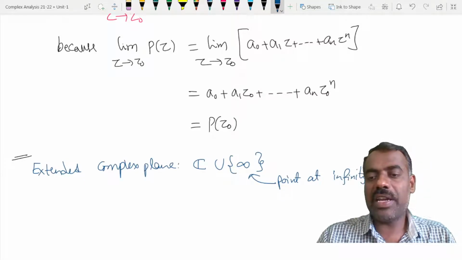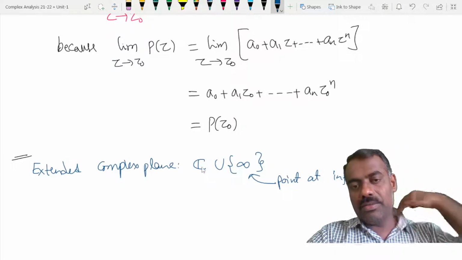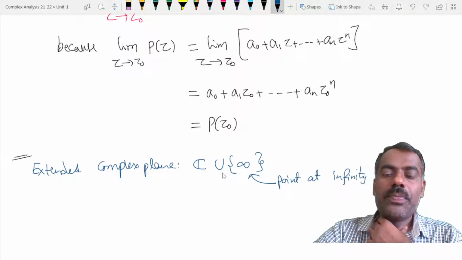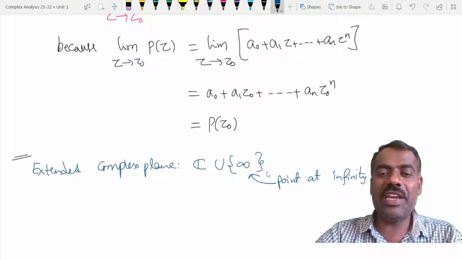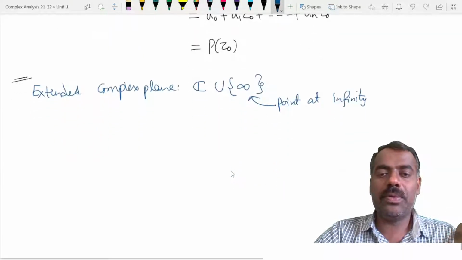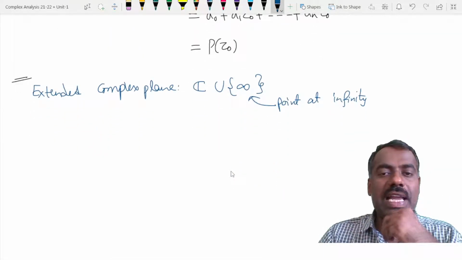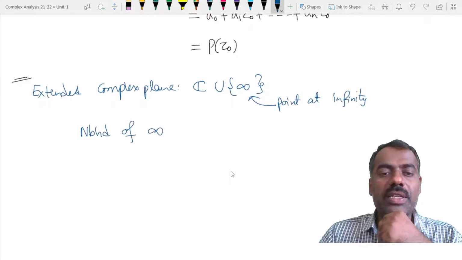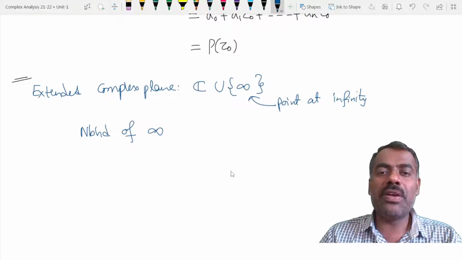So we'll take this point at infinity. We know already for a complex number what is meant by neighborhood. So we will define here what is meant by a neighborhood of infinity. We'll define next class what is meant by a neighborhood of infinity, because we know already what is meant by a neighborhood of any complex number.